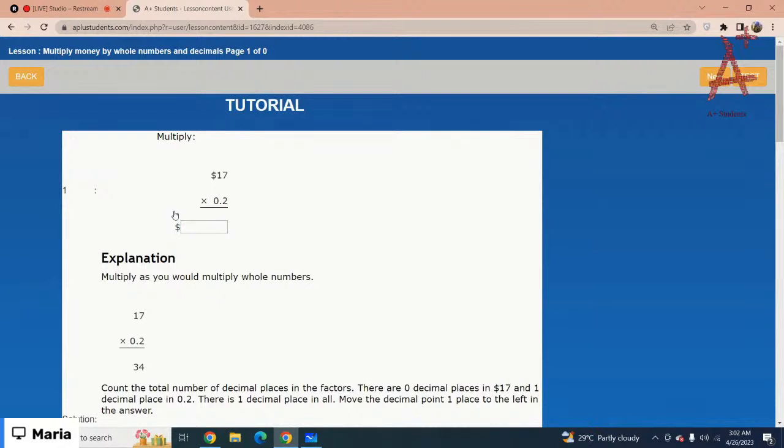So it would be 17 times 0.2. You have to multiply.